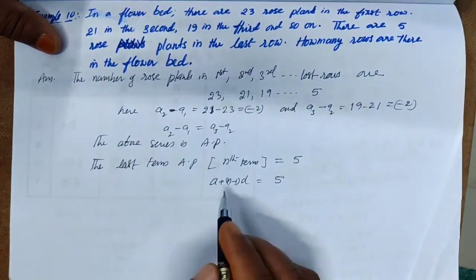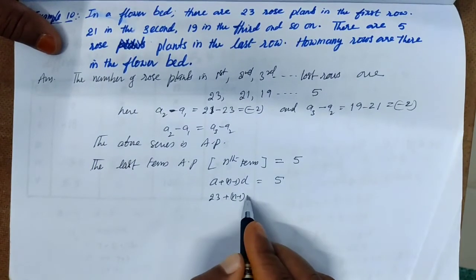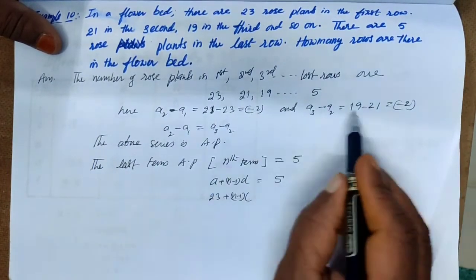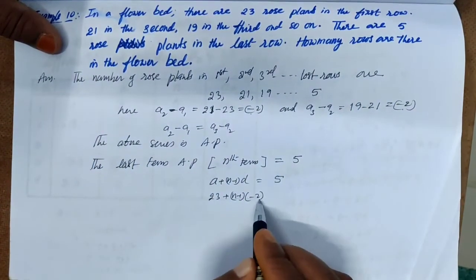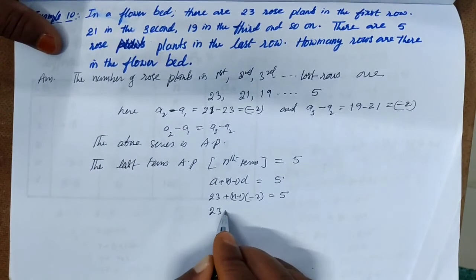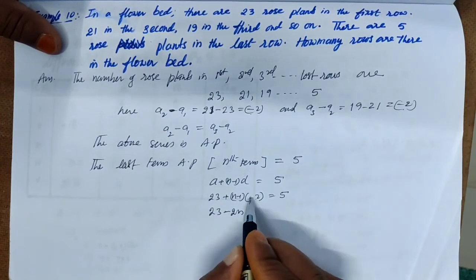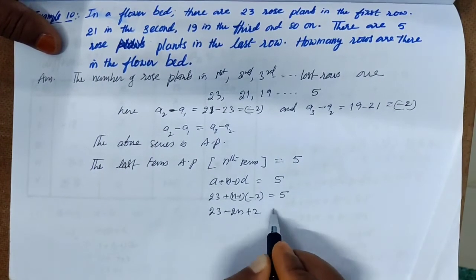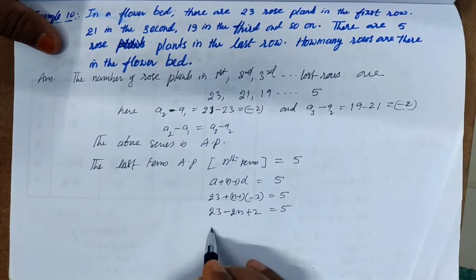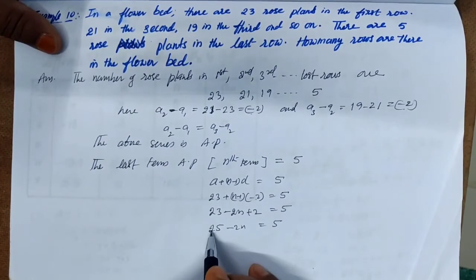The first term, that is 23, plus n minus 1 into d. What is d? The common difference is minus 2. So 23 plus n minus 1 into minus 2 is equal to 5. Now minus 2 into n is minus 2n, and minus 2 into minus 1 is plus 2, so 23 plus 2 minus 2n is equal to 5. Now see here, 25 minus 2n is equal to 5. Now transpose this 25 to that side.